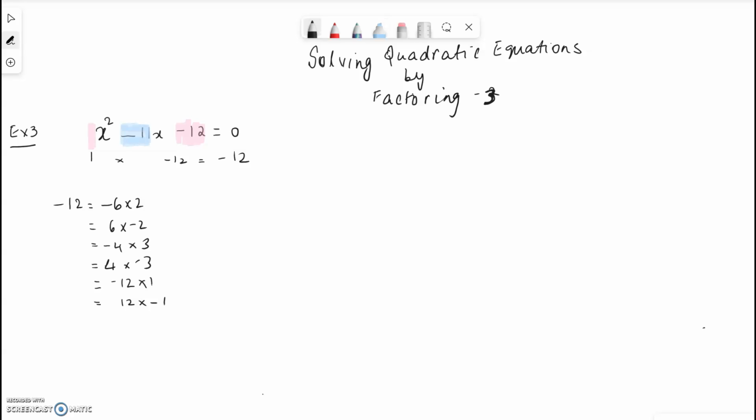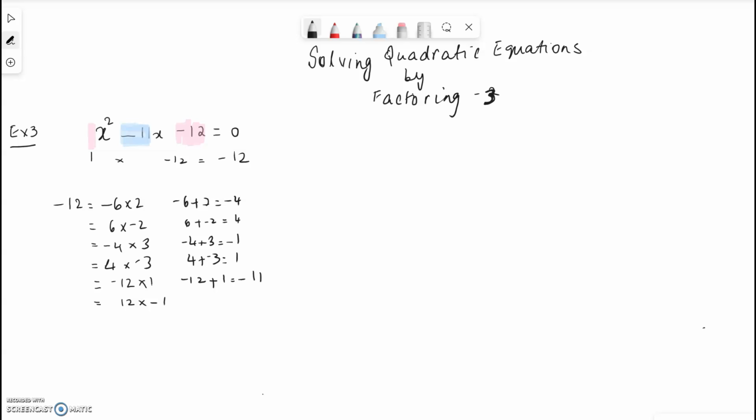So we have, let's see, the sum. Negative 6 plus 2 is negative 4. 6 plus negative 2 is equal to 4. Negative 4 plus 3 equals negative 1. 4 plus negative 3 equals 1. Negative 12 plus 1 equals negative 11.